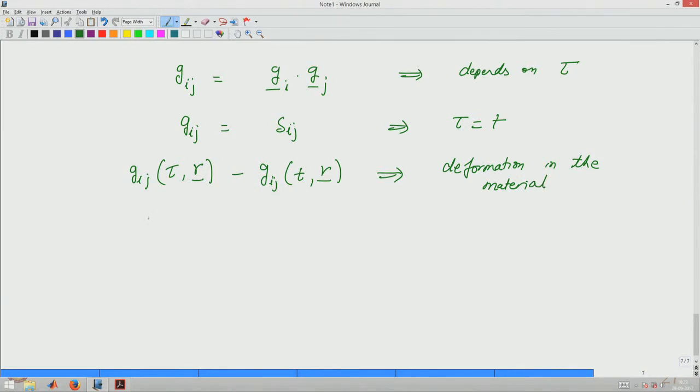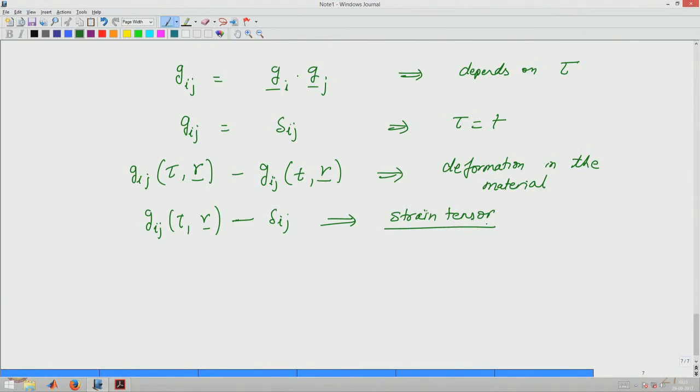This of course is nothing but delta ij. Therefore, we can define a strain tensor. So, this can be a definition of strain tensor.